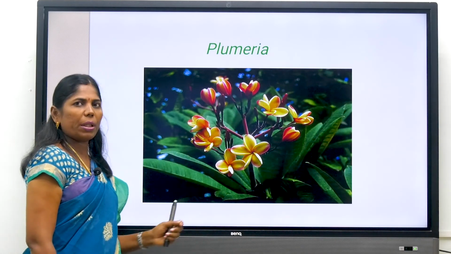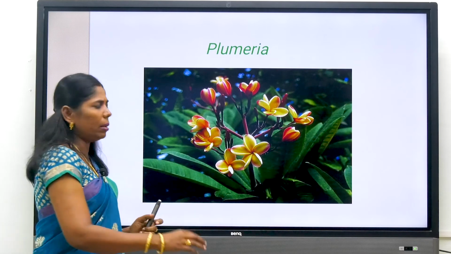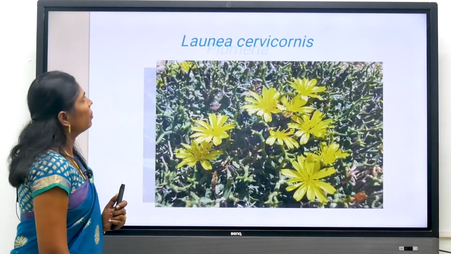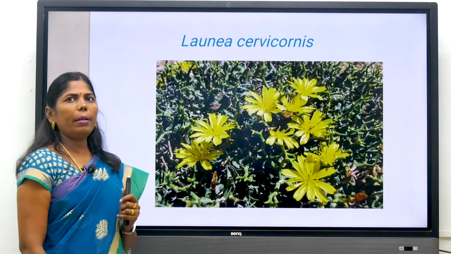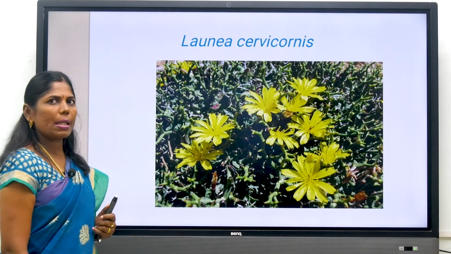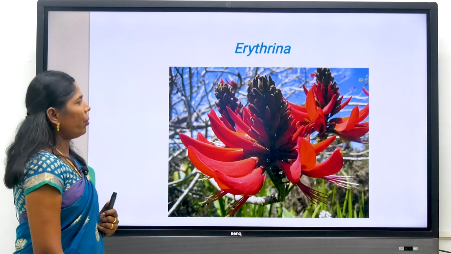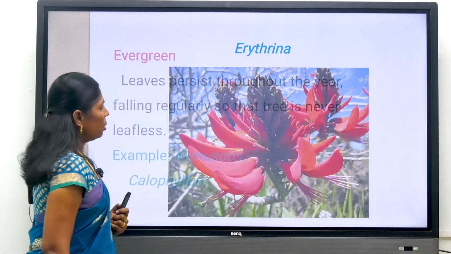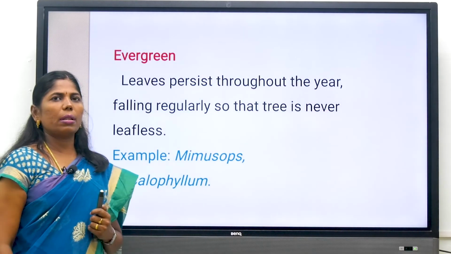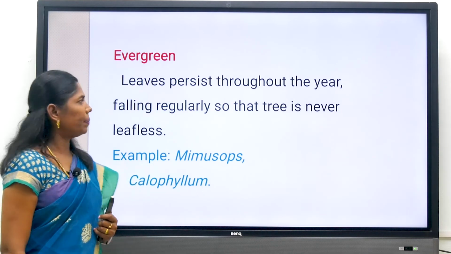They want to escape from transpiration, so they shed their leaves. Lannea coromandelica is another species. Then Erythrina. These all shed their leaves during the summer season.